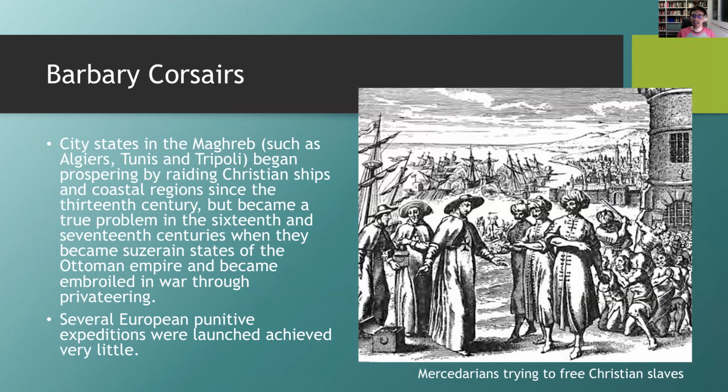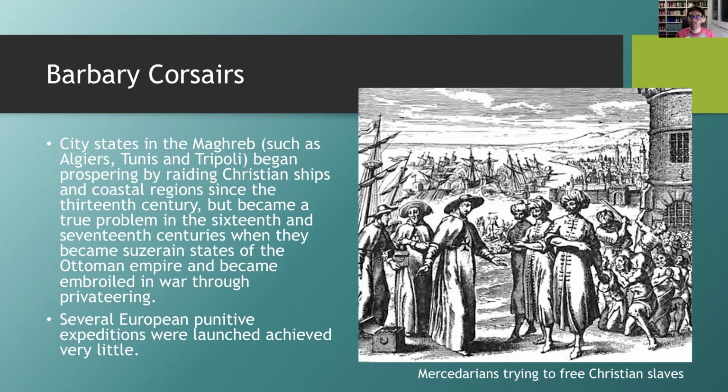By the 16th and 17th centuries, they really became a problem. If you recall, for example, Miguel de Cervantes was captured as a slave by Barbary pirates. So these cities, Algiers, Tunis, and Tripoli, became suzerain states of the Ottoman Empire, so they were technically under its jurisdiction.